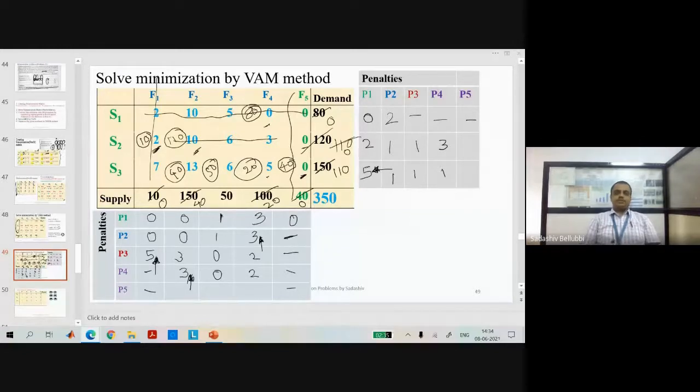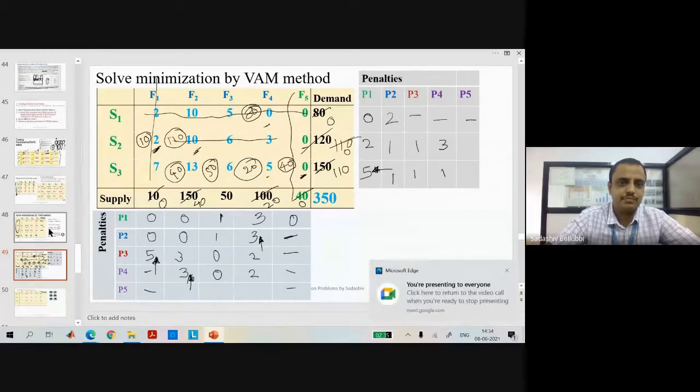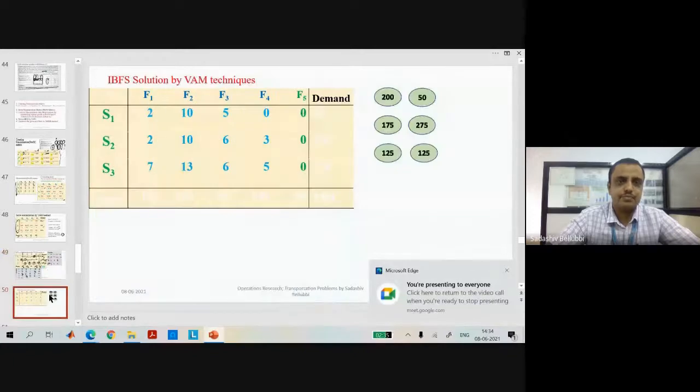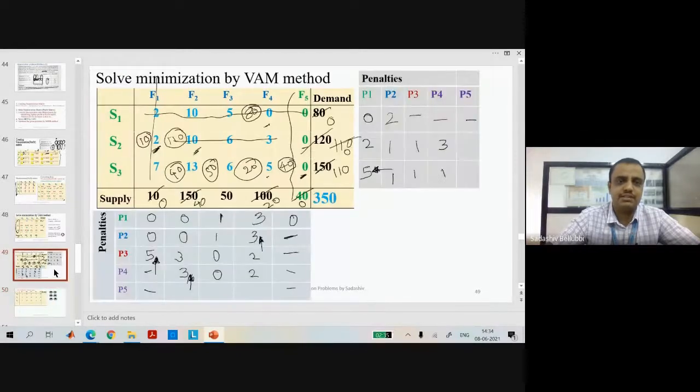Once we finish solving this VAM method, we need to find the total profit. Here we need to write those answers: 10, 110, 40, 50, 20 and 80.